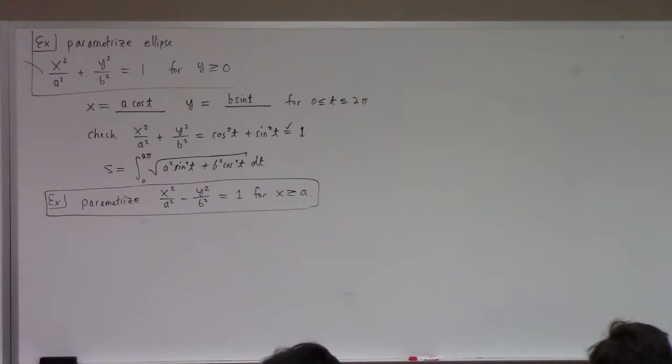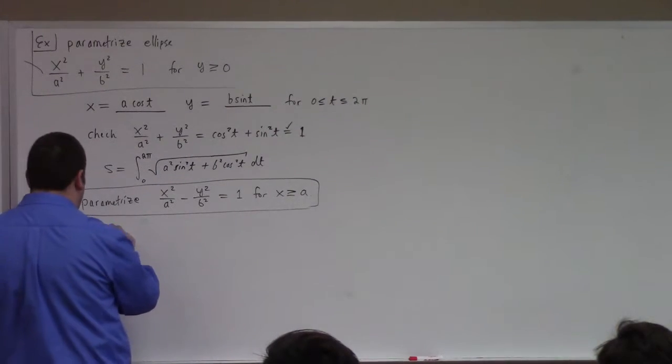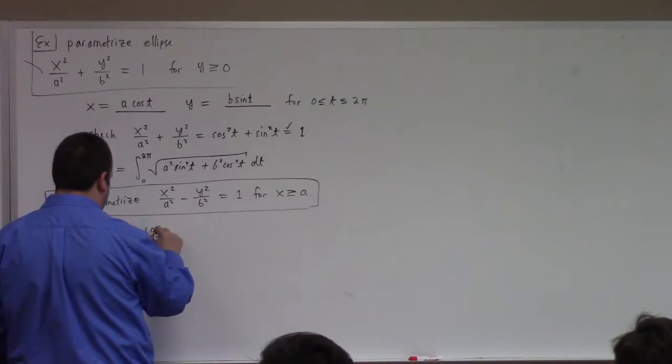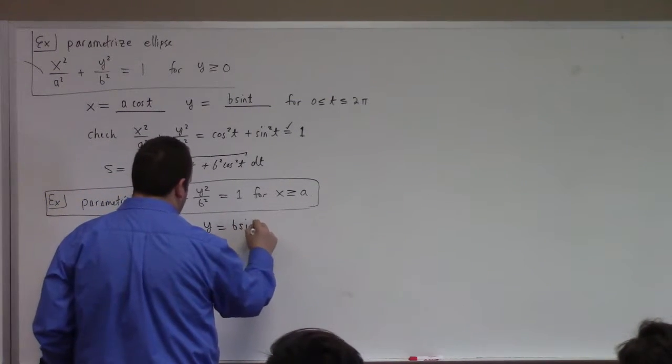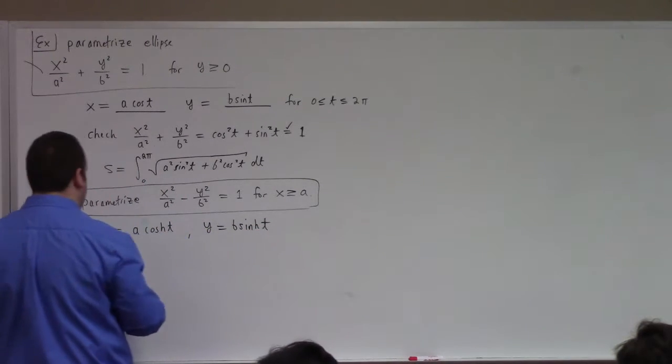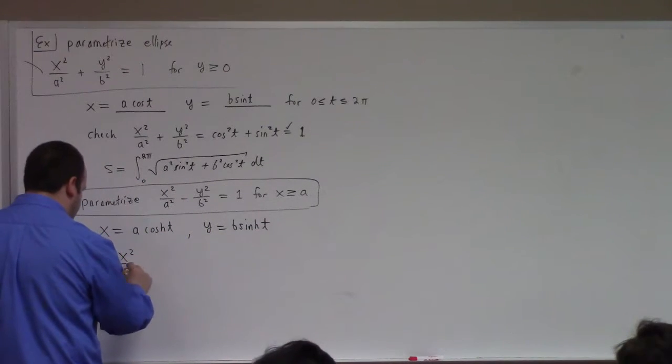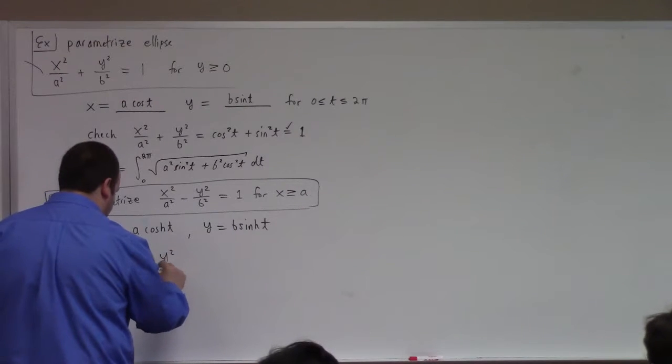Parameterize this curve: x squared over a squared minus y squared over b squared equals 1. x equals a cosh t. Do we agree with Mr. On? I think we do, because if we try x squared over a squared minus y squared over b squared, what do we get?